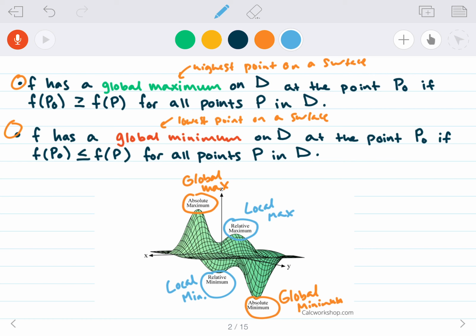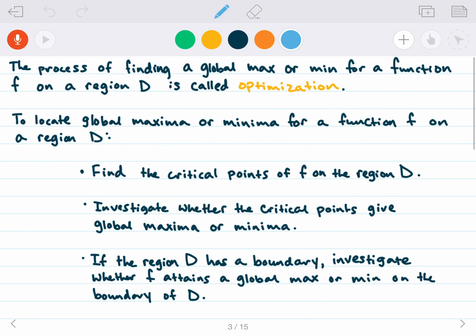It basically says that if our domain is closed and bounded, okay, this is similar to Calc 1 when we had a closed interval, the extreme value theorem tells us that there is going to be an absolute max or min on that domain if the domain is closed and bounded. So let's go ahead and proceed.